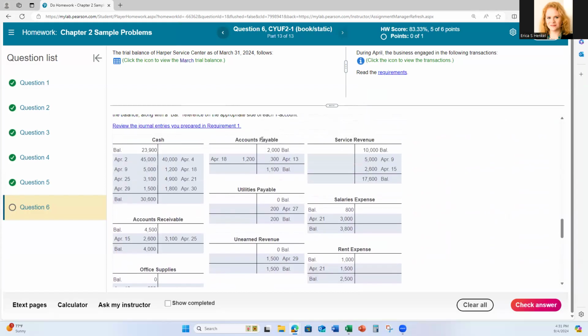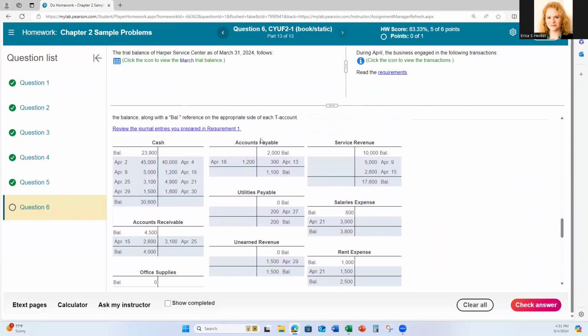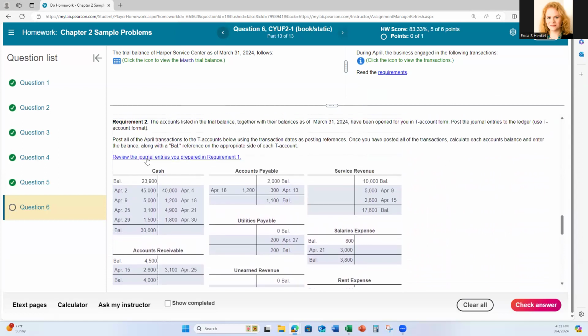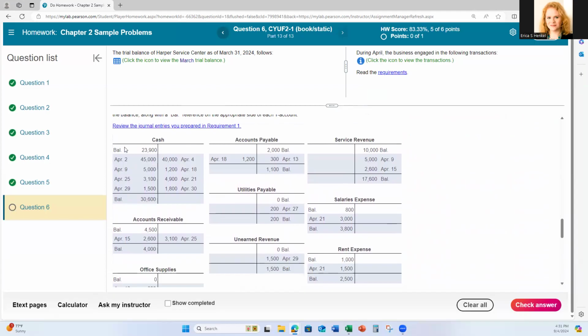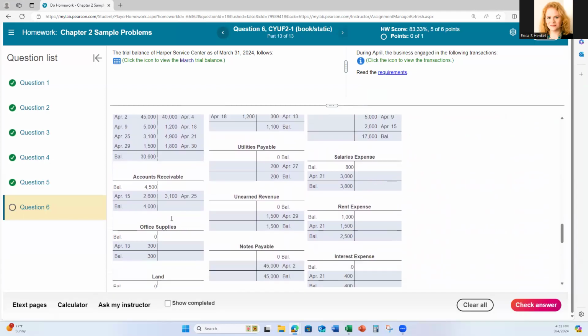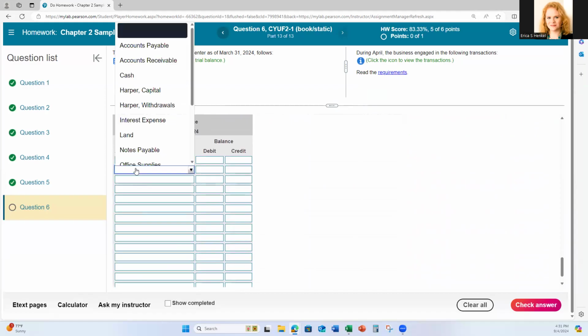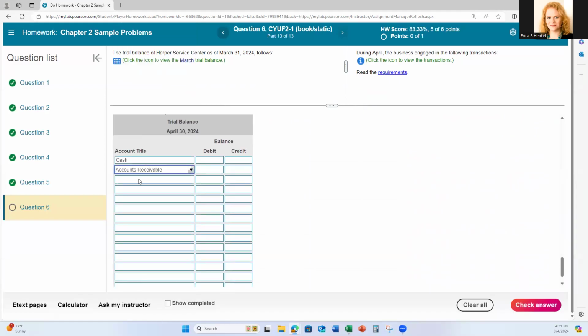Now what they want us to do is assemble a trial balance using all of these end balances. And they were kind enough to put these in order by column. So we go down the first column, down the second column, and down the third column for order. So we're going to need cash, accounts receivable, office supplies, and land.